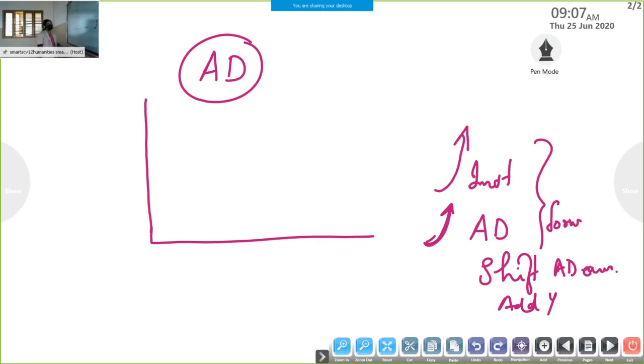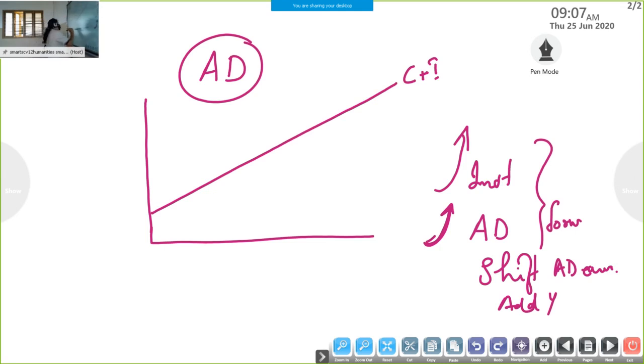For investment multiplier, we need AD. If we are taking the AD-AS approach, AD-AS equilibrium level we need. So, this is our AD curve, that is C plus I. Right?